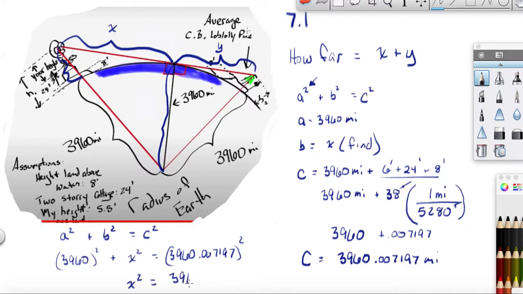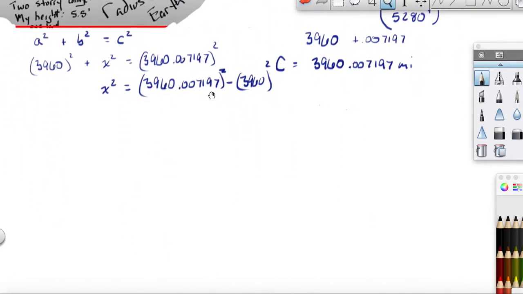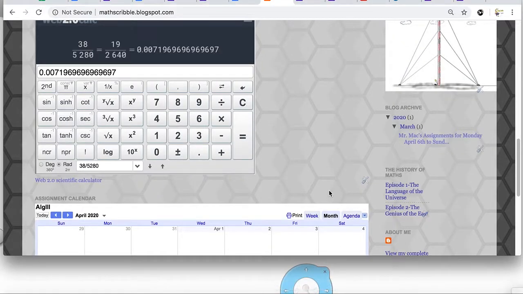So you get 3960.007197 squared minus 3960 squared. Okay, let's just move this up. All right, so calculator.